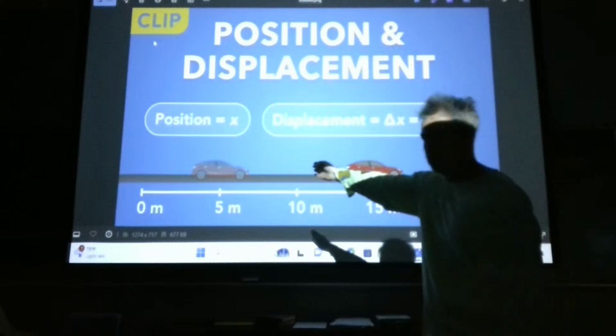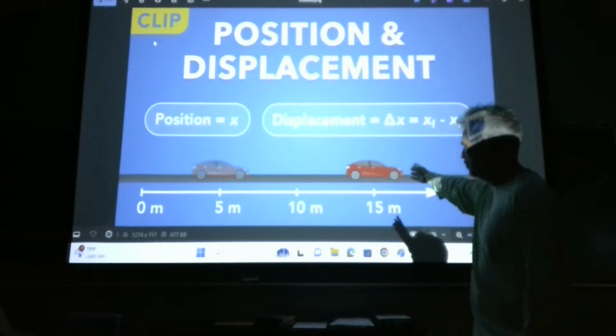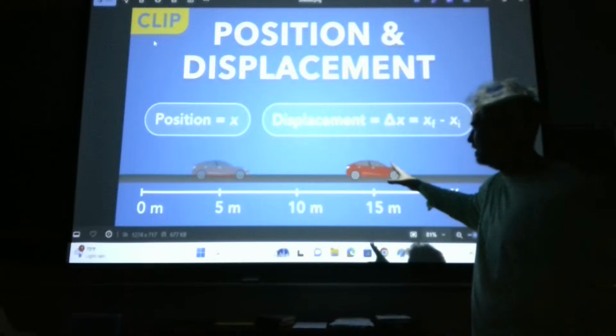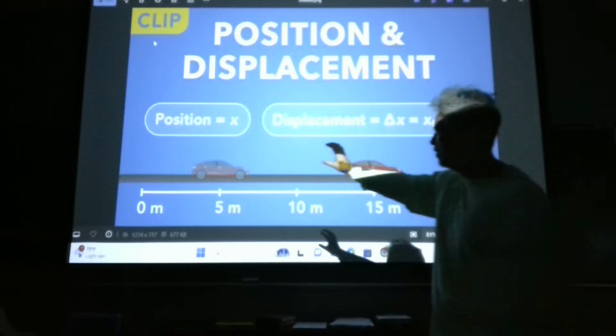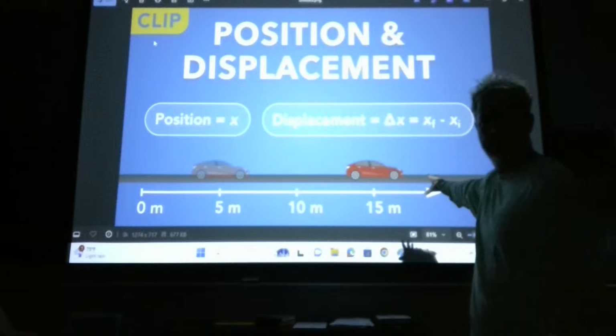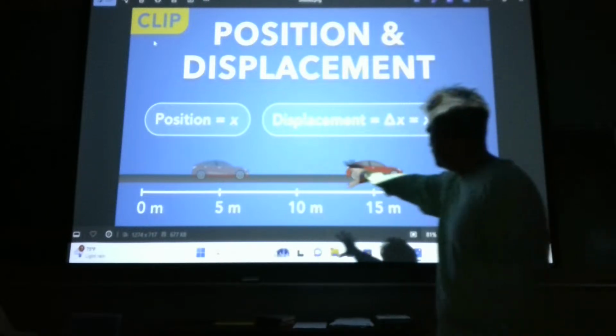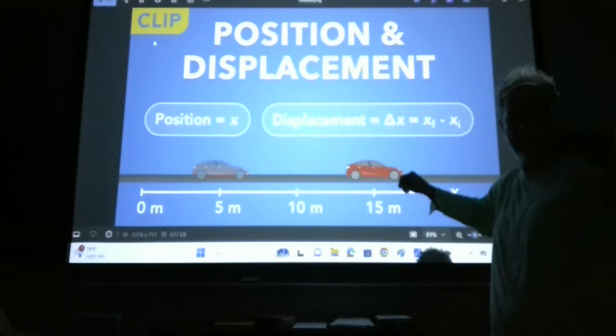So starting position on the left, finish position on the right. Now I have context to say, that car traveled 10 meters to my right. That car traveled 10 meters in the positive X.